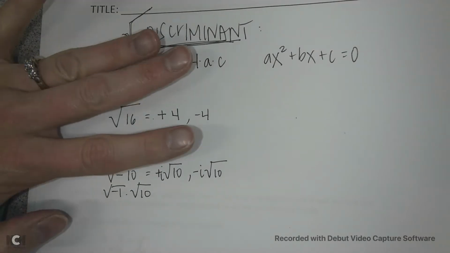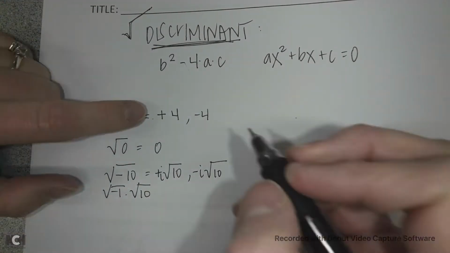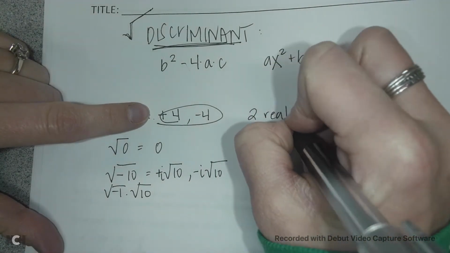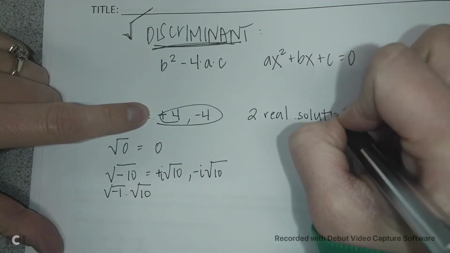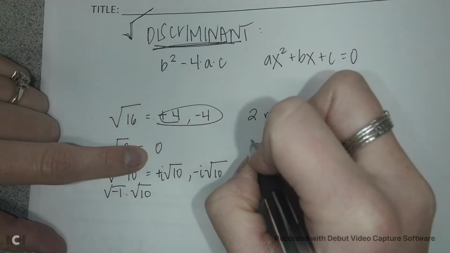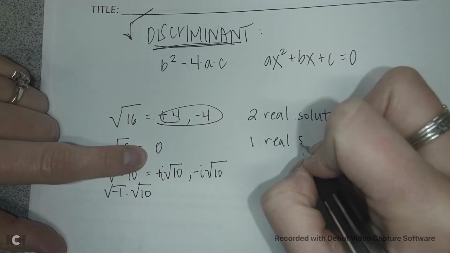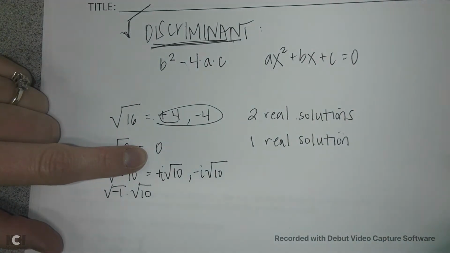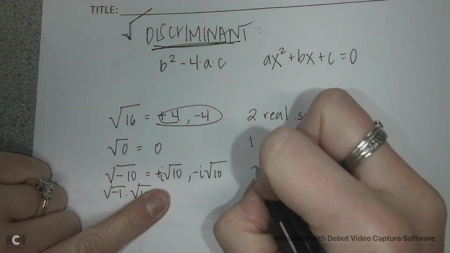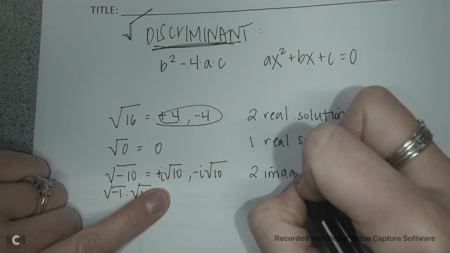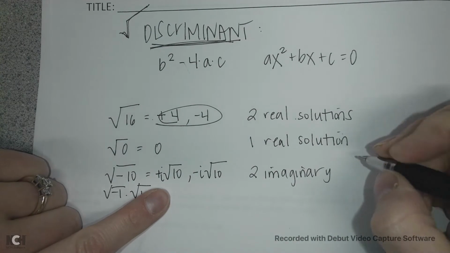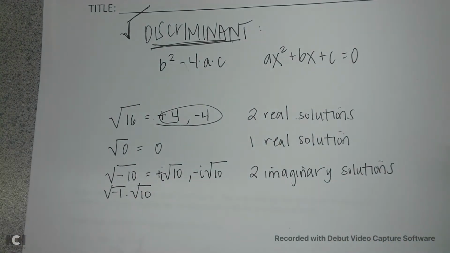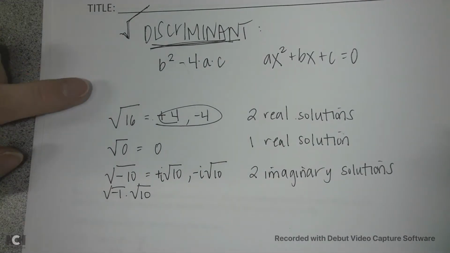Alright, so now, these are all different types of answers. This answer is two real solutions. This is one real solution. And then here I have two imaginary number solutions, because they're imaginary numbers. Okay, so let's think about this a tiny bit more.